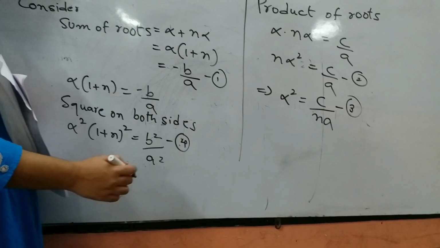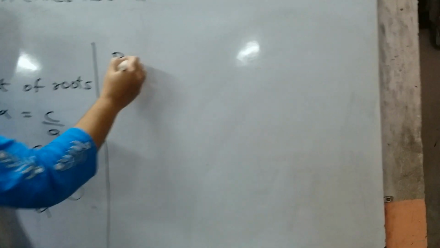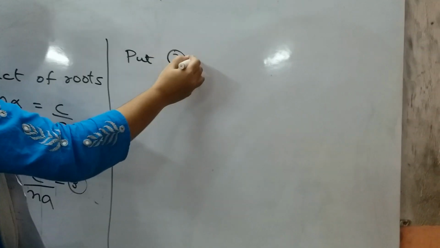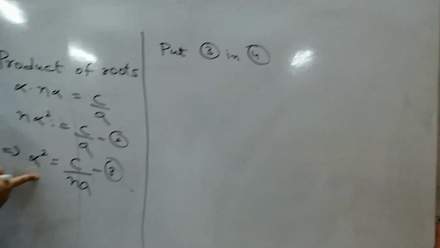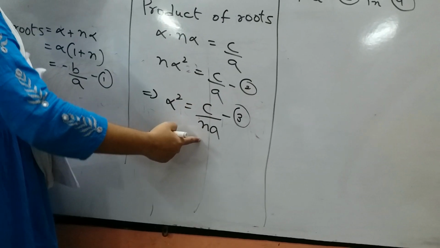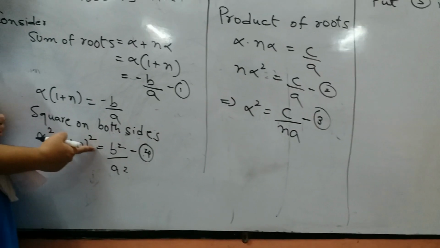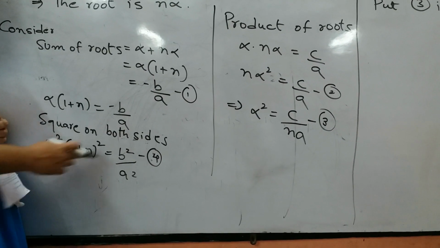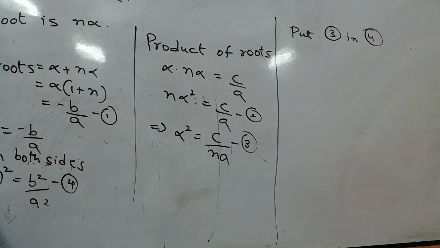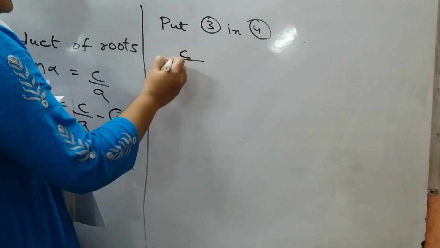Now what we'll do is we'll put 3 in 4. In 3 we have alpha square is equal to c by na. In 4 you have alpha square into (1 plus n) whole square is equal to b square by a square. Now here in alpha square place I'll put c by na.